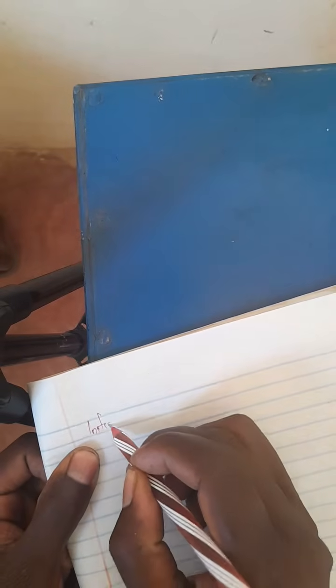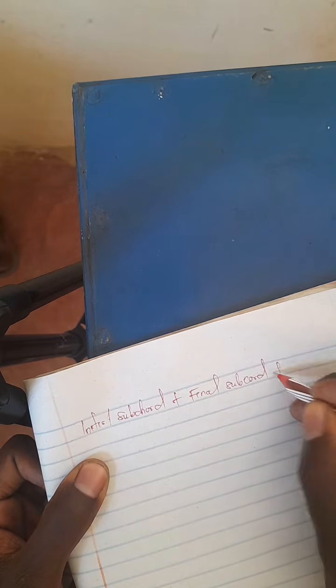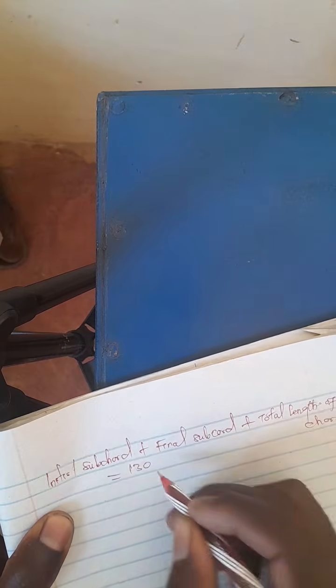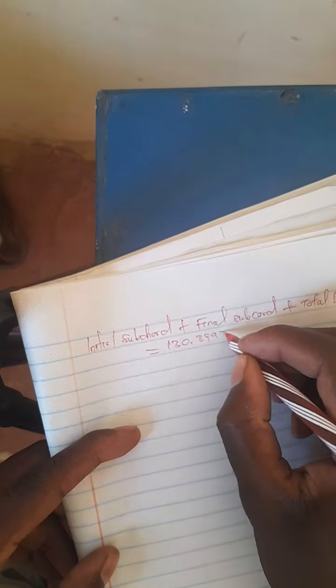Now let's confirm. Initial subchord plus final subchord plus total length of standard chords should give you 130.8997.